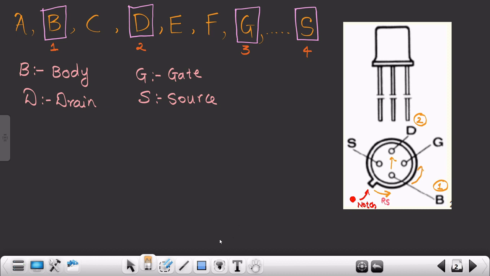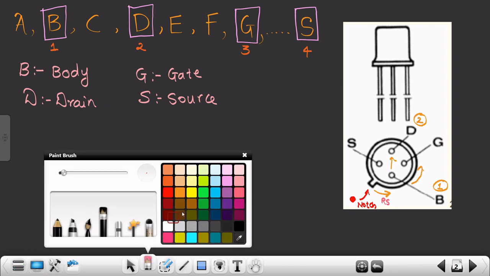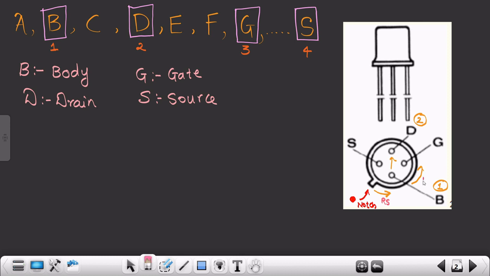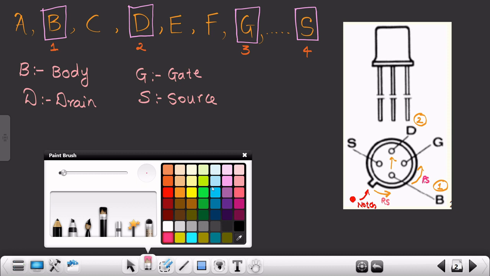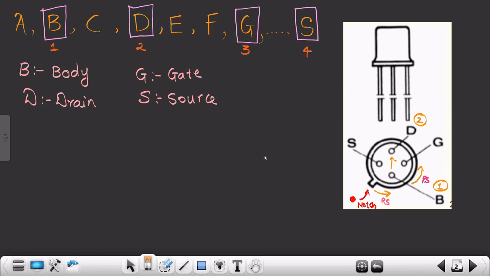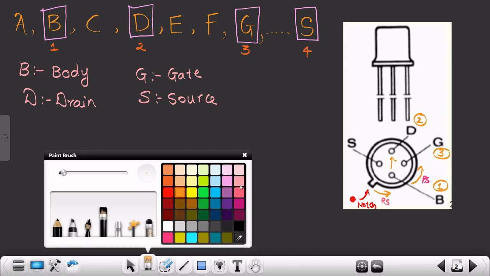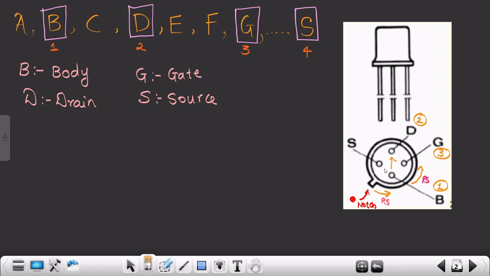RS indicates I am moving to the right side. I will get the third terminal, that is gate. As soon as I get the gate terminal, I will move in the opposite direction of gate. I will get the fourth terminal, that is source. This is how we can easily find out the terminals of JFET.